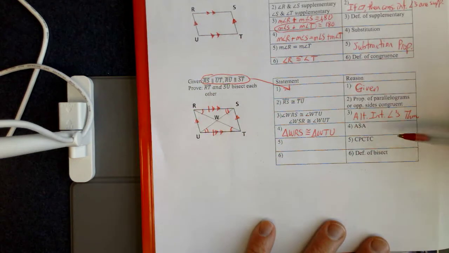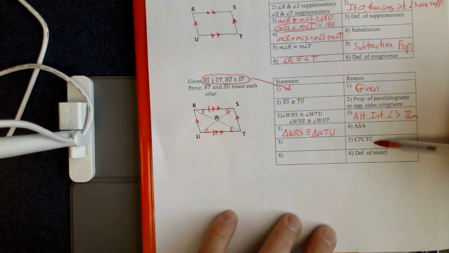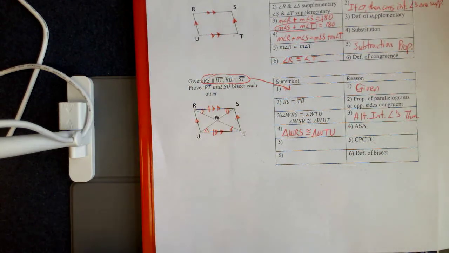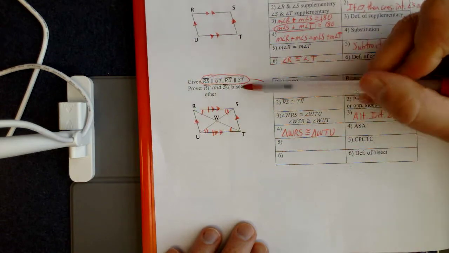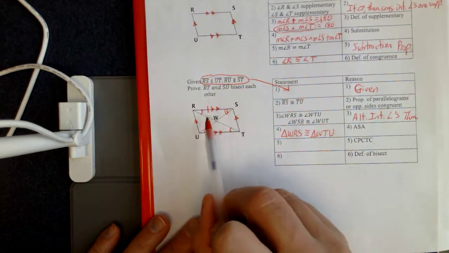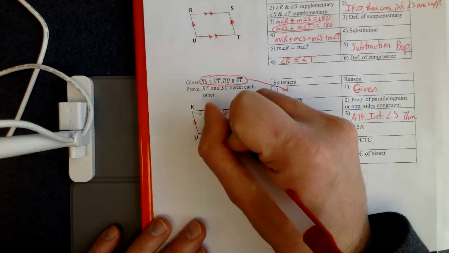And then once the triangles are congruent, just like we did in the previous ones, we're going to go to CPCTC, which is corresponding parts are congruent to each other. Once the triangles are congruent, your corresponding parts are congruent. Now, if you keep in mind where we're going here, we want to get the diagonals to bisect each other. So we want to get our corresponding parts to be our diagonals. So WR and WT, those would be corresponding parts.